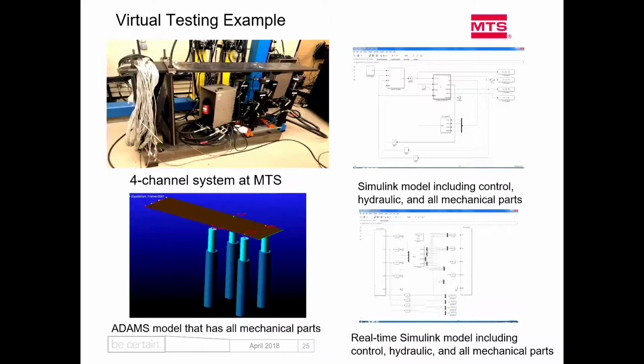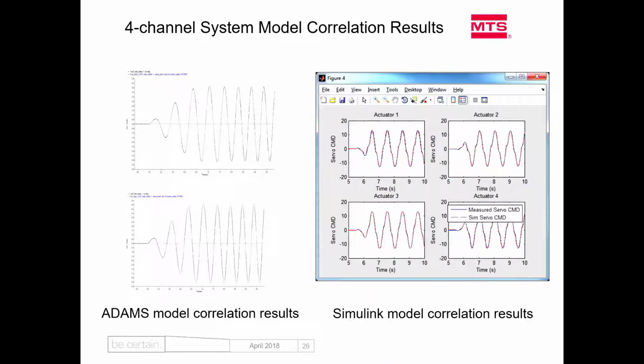And then we compared our model with the real test. We played the sine wave and sent the command to the virtual system and to the real system, and compared the response. They match really well.